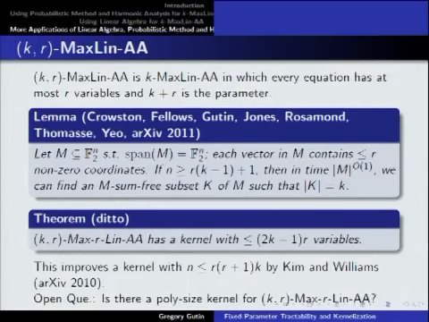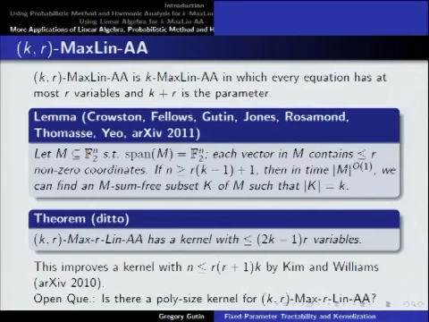So it's a multilinear bound for the number of variables in this case. And it also improves the previously best known kernel of Kim and Williams, which is quadratic in r, but linear in k. But we still have an open question here. Is there a polynomial size kernel for that problem?